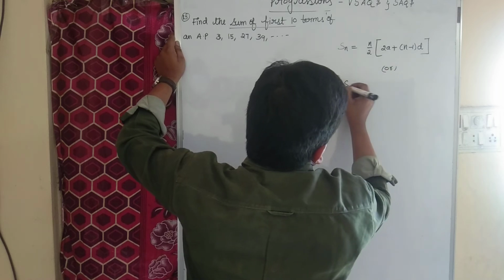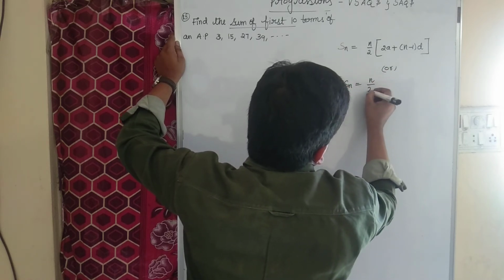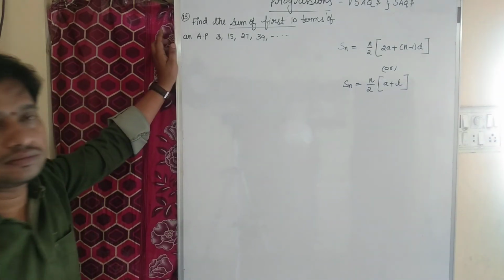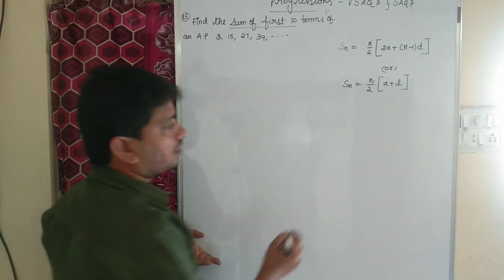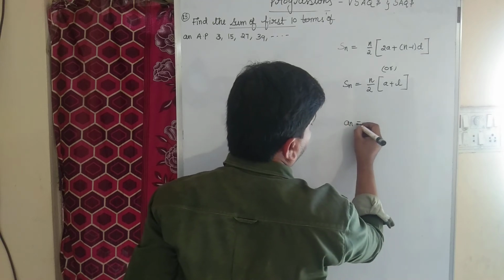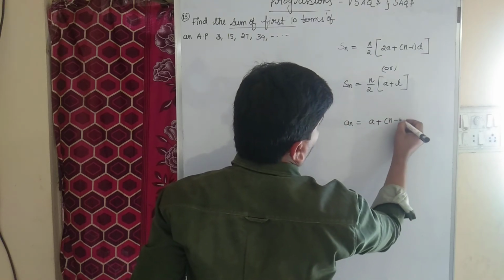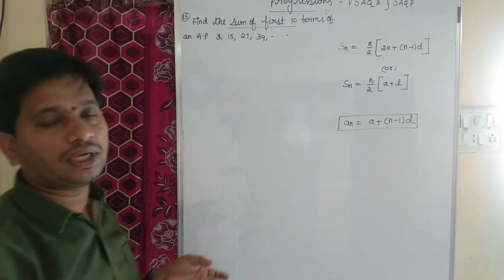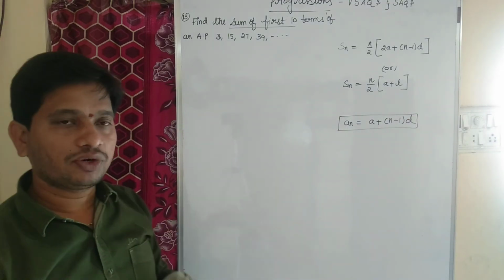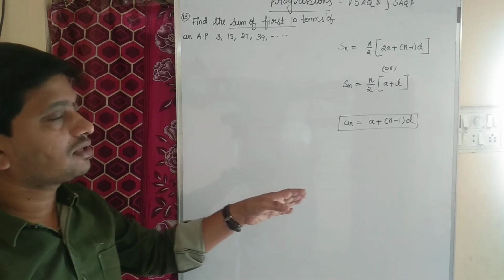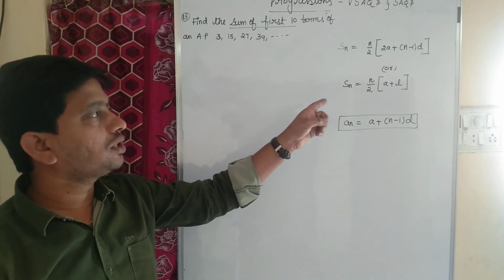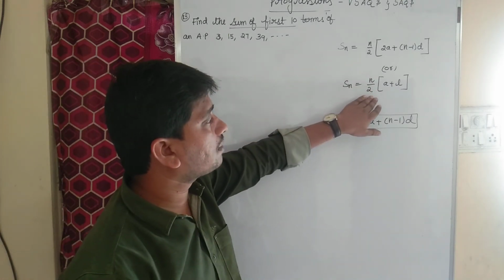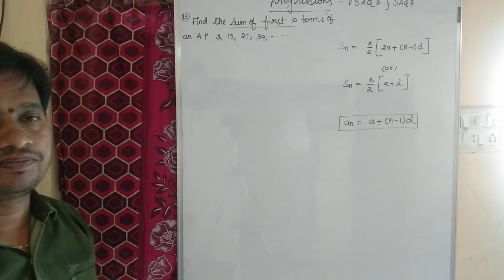Or we can also use one more formula, Sn equals n by 2 into a plus l. In this chapter we will mostly use these three formulas. Nth term of an AP, an equals a plus n minus 1 into d, and sum of n terms of an AP is Sn equals n by 2 into 2a plus n minus 1 into d, or else we can also use the formula n by 2 into a plus l.